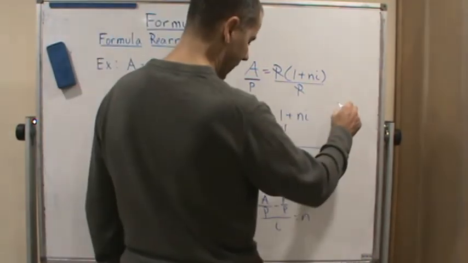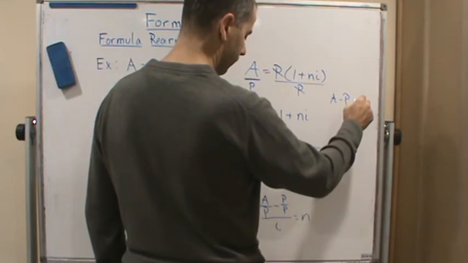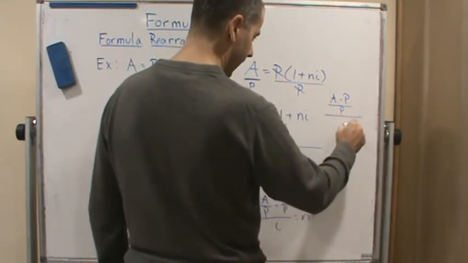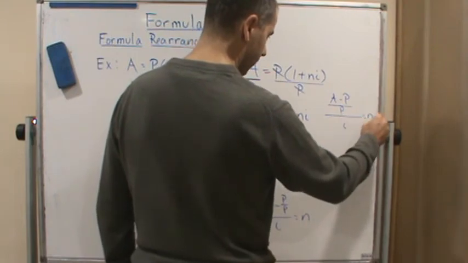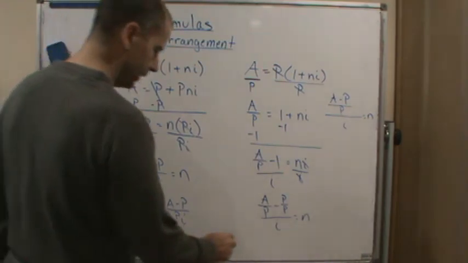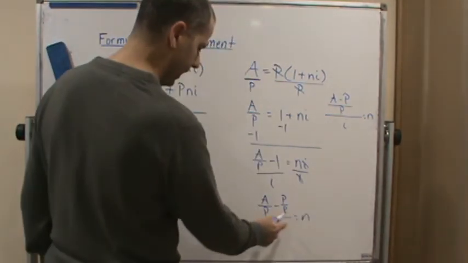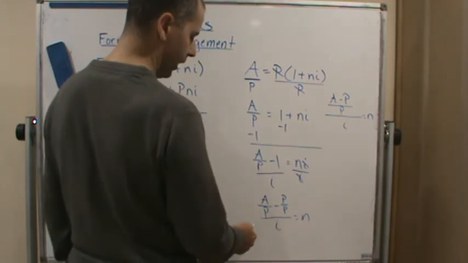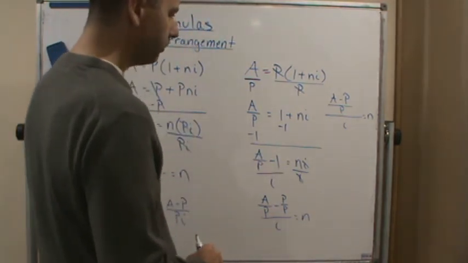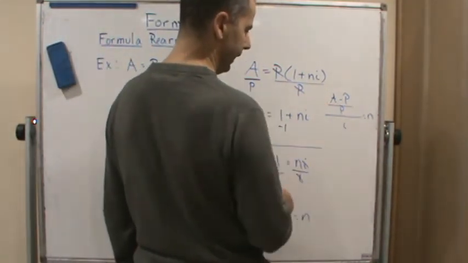So I end up with A minus p over p, divided by I, is equal to n. Since we got the n isolated, I could have just interchanged it down here, but let's interchange it up here. Now I've got this fraction divided by I.